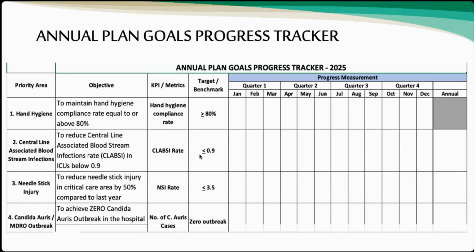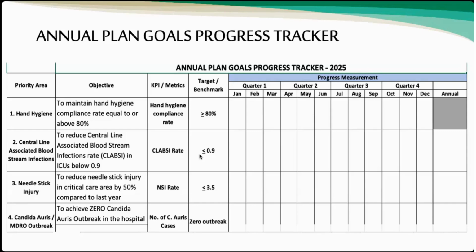It's the same for the central line associated bloodstream infection. We should check our CLABSI rate on a monthly basis. We should check our progress so we can maintain or achieve our goal by the end of the year.